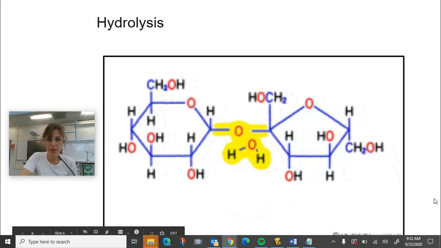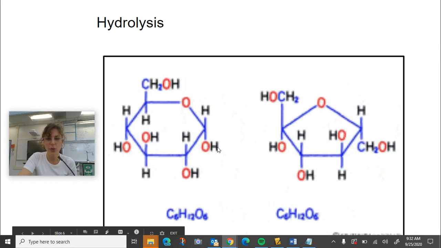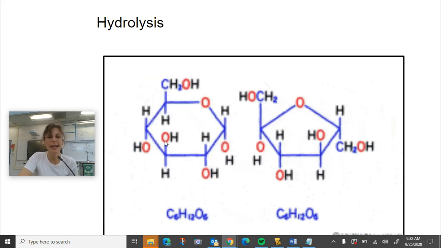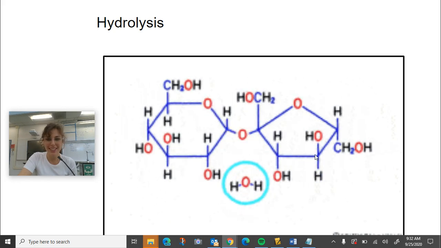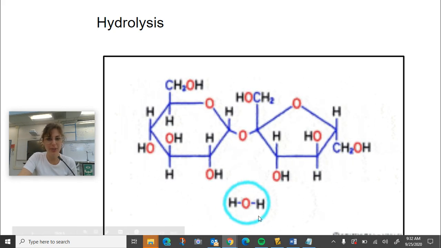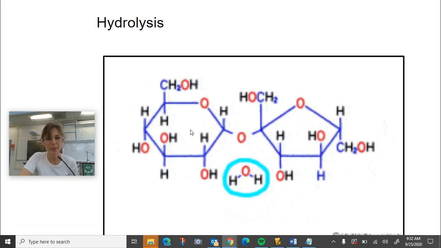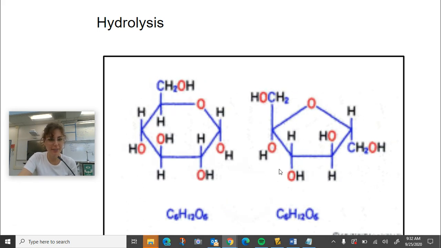Let's watch it break the bond, and the OH group is reattached to one monomer, and the H goes back to the other monomer. So that water molecule's atoms are placed back into each of the respective monomers.